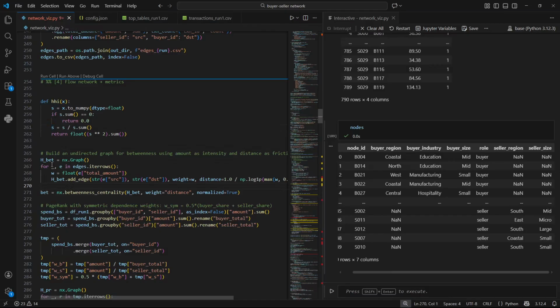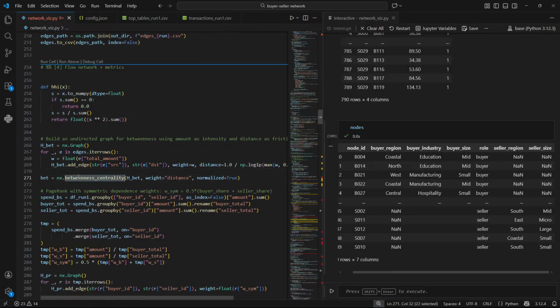Now we define our network here for betweenness. In the video I explain more about the theoretical counterpart, but betweenness centrality essentially counts how often a node lies on the shortest path, right? So in an economic network, the shortest path should prefer strong relations because strong ties have lower friction, right?